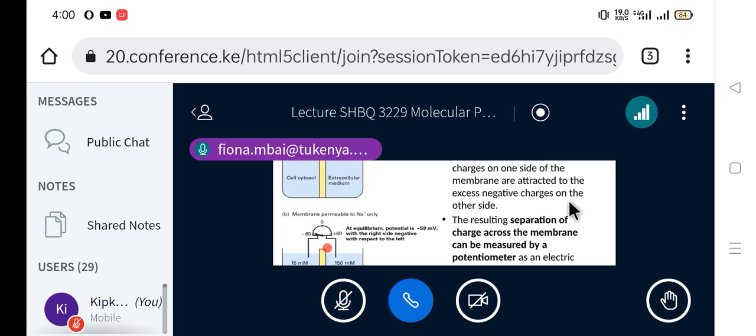So the resulting separation of these charges is then measured by the potentiometer as an electric potential or voltage, with the right side of the membrane having excess negative charge with respect to the positive on the left side of the membrane. So you can see here the sodium's moving across, the chlorides remaining, they're negatively charged.